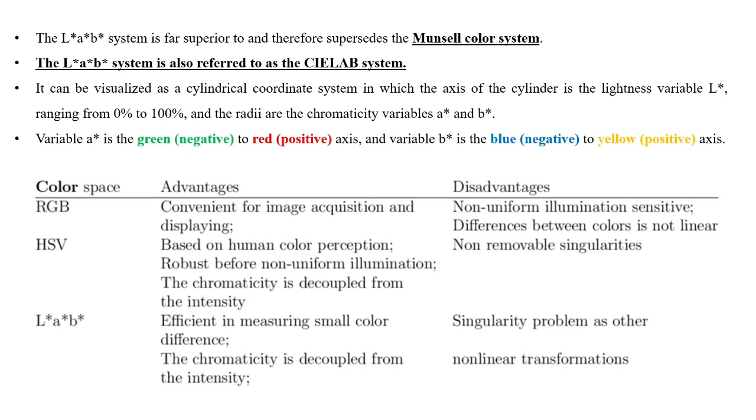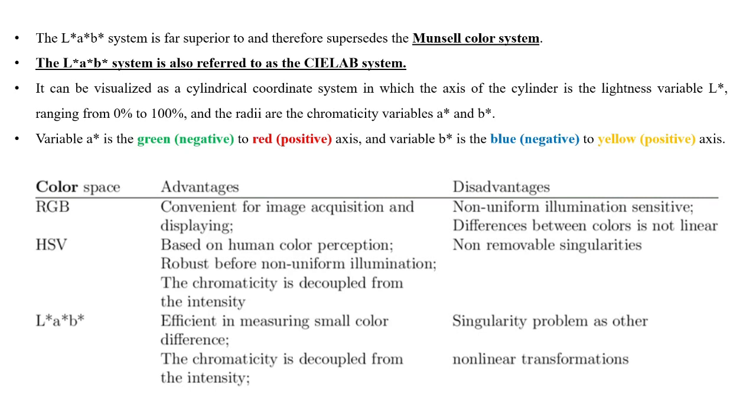So this RGB color space will quantify the color of the object in three: red, green, and blue. Like that, we have other color spaces like CMY: cyan, magenta, and yellow. Then HSI, as I mentioned, hue, saturation, intensity, or you may say it is lightness.